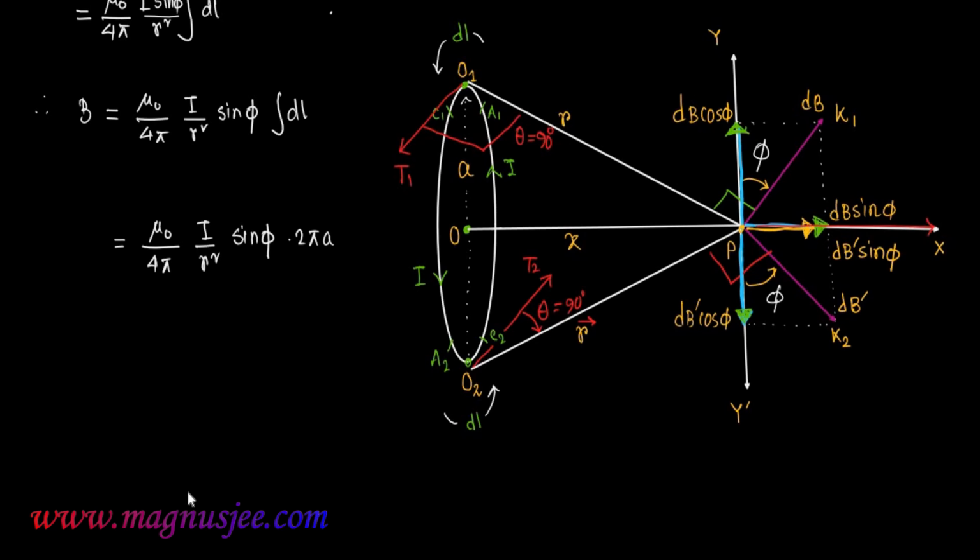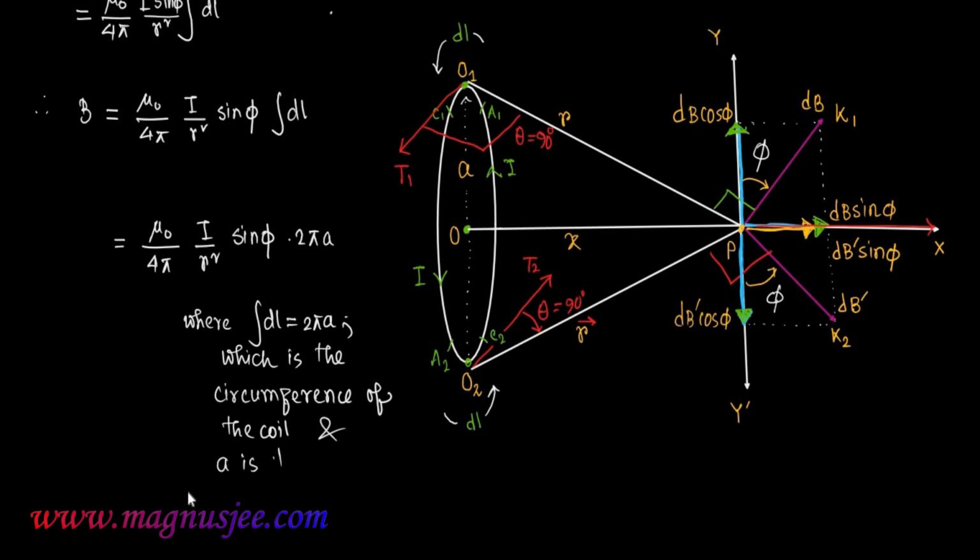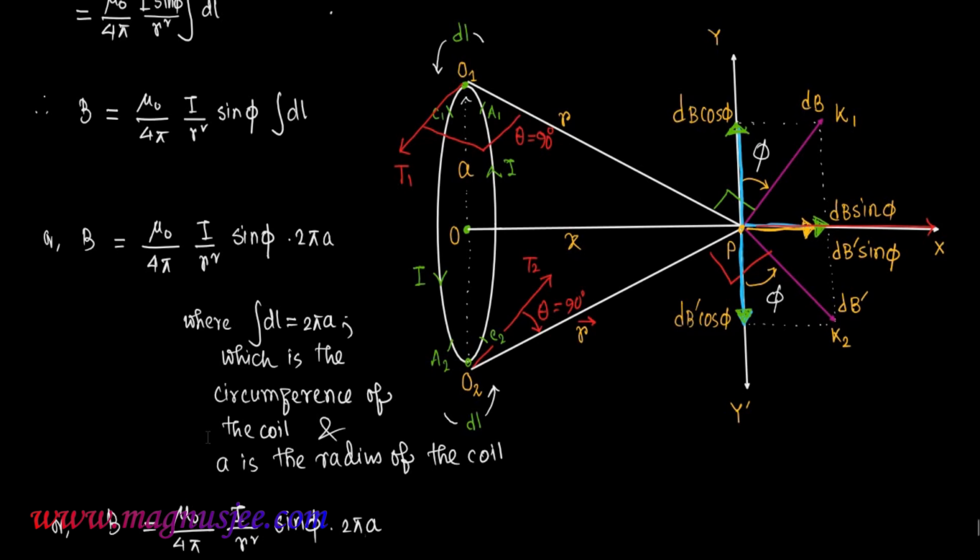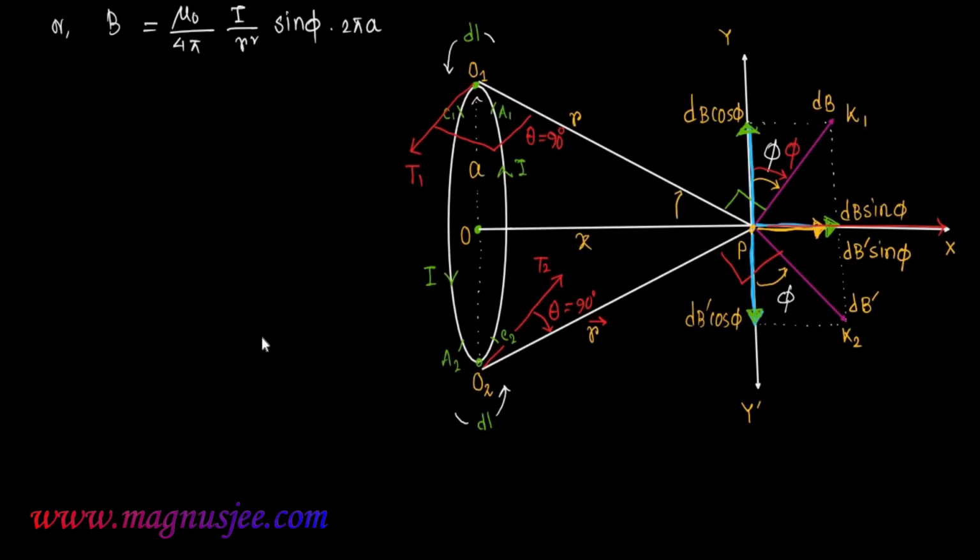Integration dl is equal to the circumference of the circular coil, which is 2 pi a, where a is the radius of the coil. So finally we get B equal mu 0 by 4 pi I by r square sin phi 2 pi a.